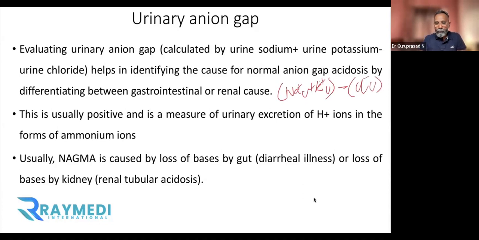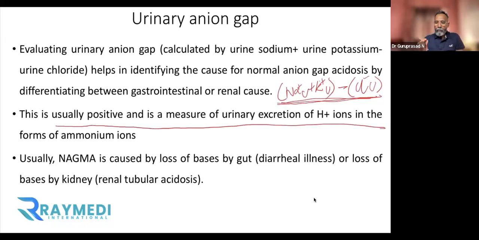So what you have to see is whether the result is positive or negative. If the urinary anion gap is positive, then the cause is renal. If the urinary anion gap is negative, then the cause is extrarenal. Normally the urinary gap is positive, and it is a measure of urinary excretion of hydrogen ions in the form of ammonium.